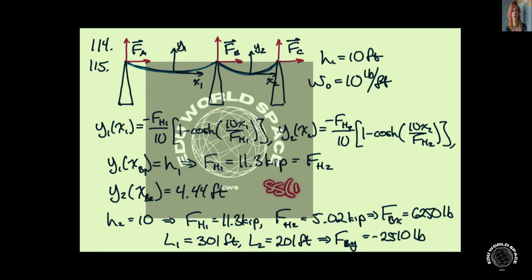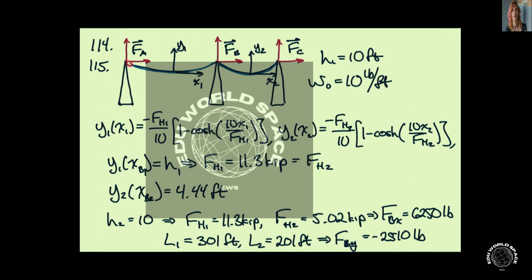So if we have S1 as a function of X1, L would be S1 at XB1, which is 150 feet, and then we need to double that. So we find this length, and the other half gives us the total length, and that turns out to be 301 feet.